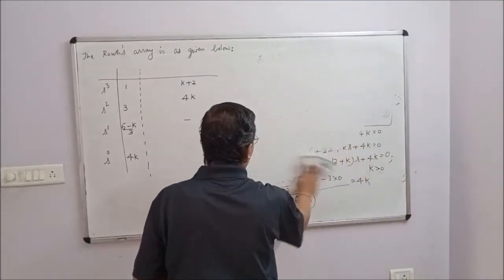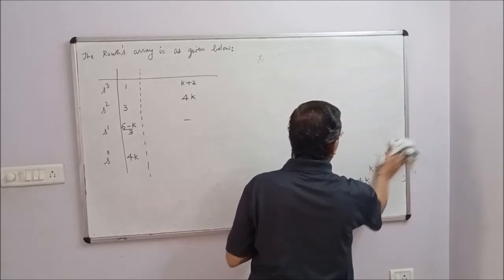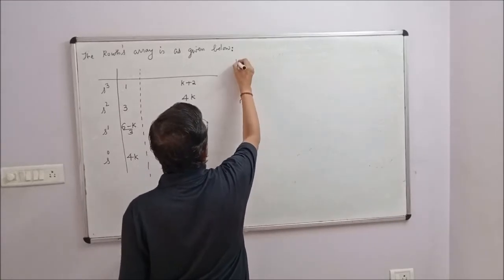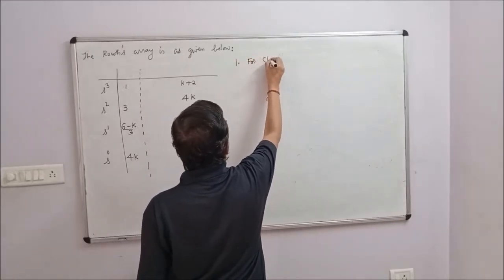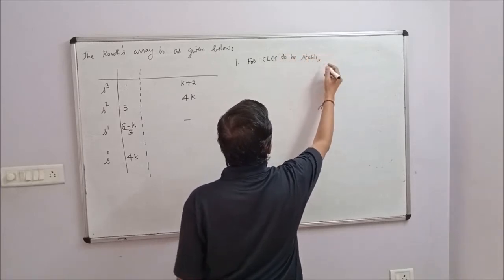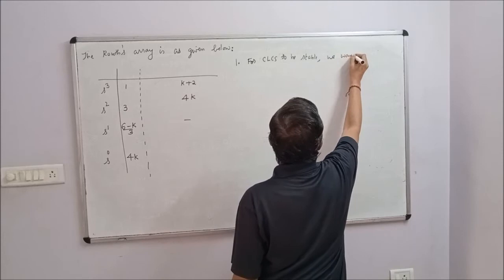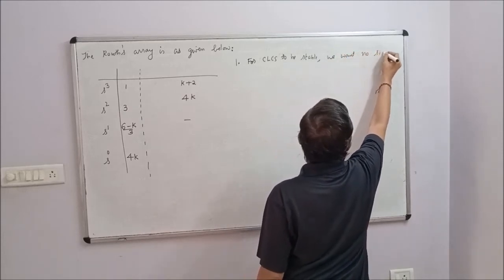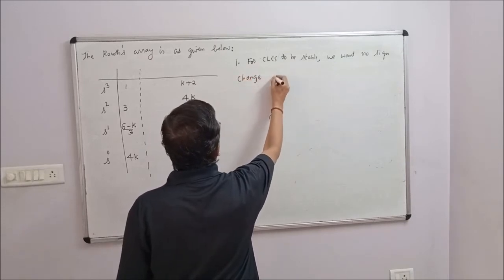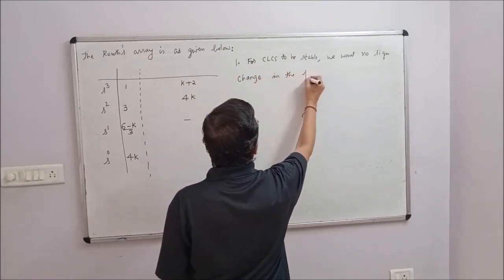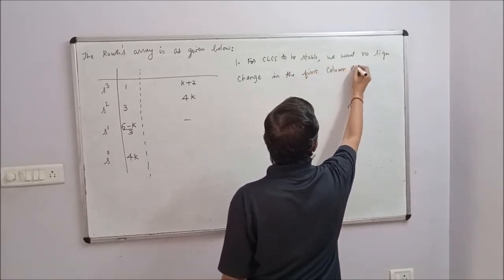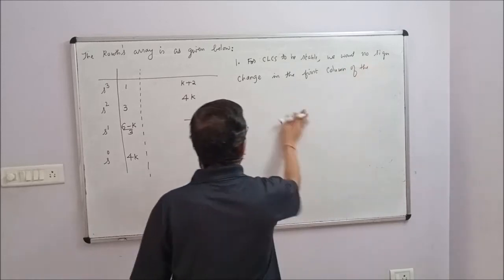First, find the value of K so that the closed loop system is stable. For the closed loop control system to be stable, we want no sign change in the first column of the roots array.